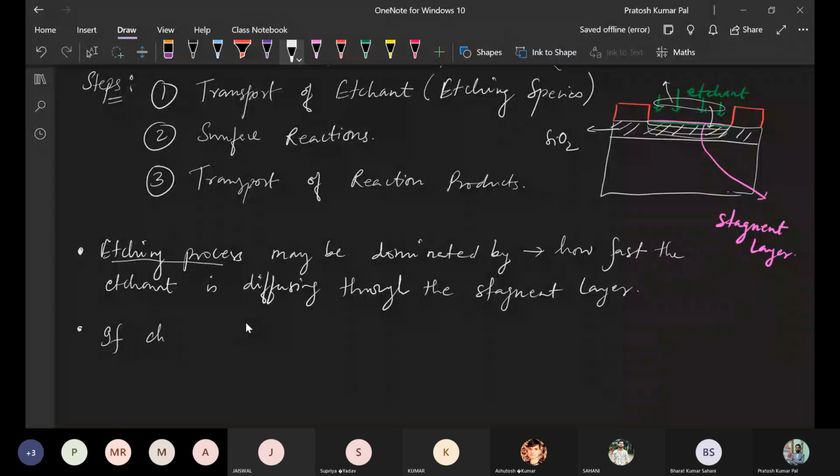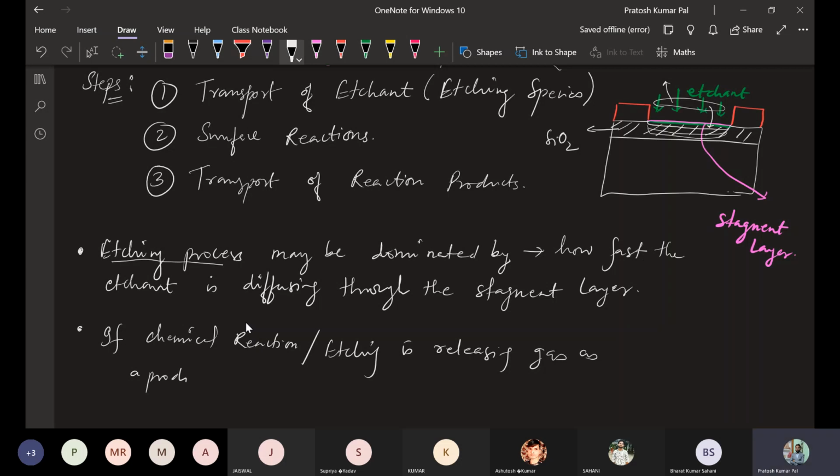If this chemical reaction, or etching, is performed such that it releases gas as a product, okay, if it is producing a gas as the product, then there is no need of diffusion.